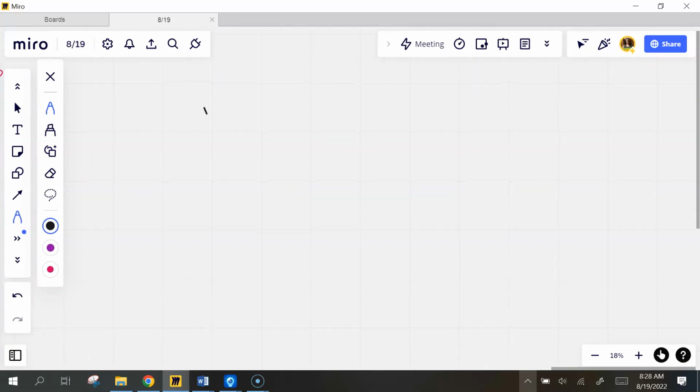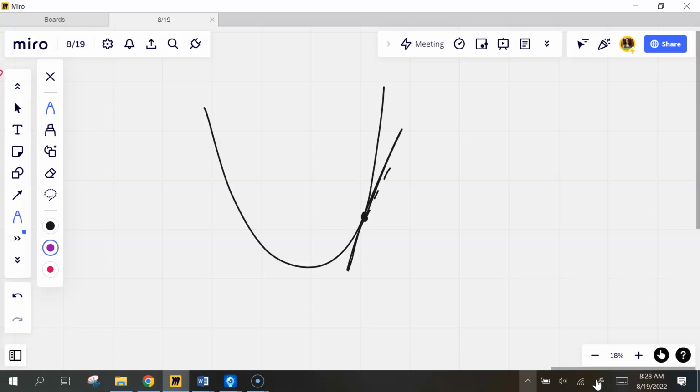So if you have a curve like this, and let's say I wanted the slope of that tan line there, okay? If I found the slope of this secant line, right? You see how different the purple is from the red.